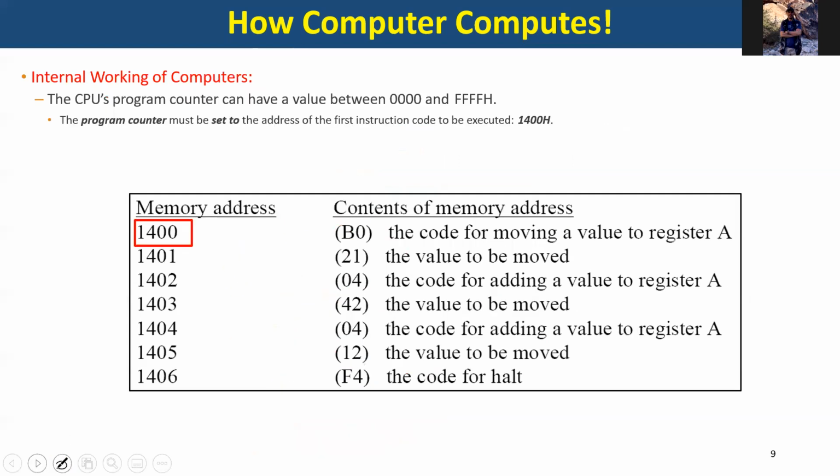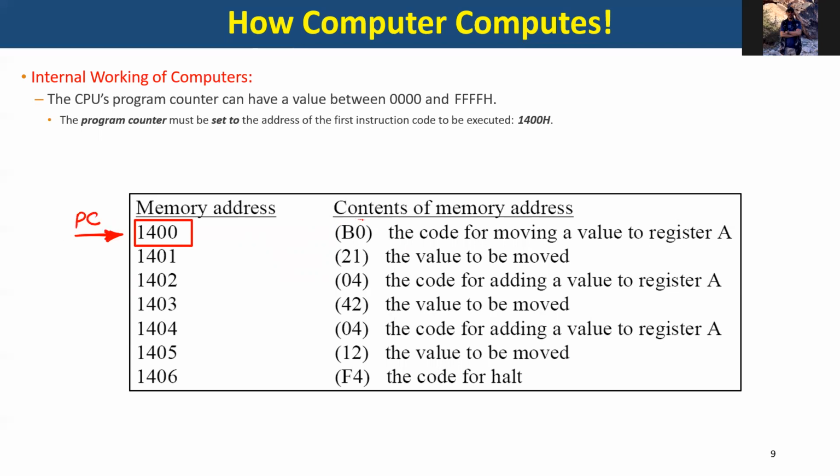That's very interesting. So basically, the first step is that we need to put the instruction pointer at the start of our program. So we should imagine that the instruction pointer is pointing to this location here, 1400 hexadecimal. When the computer fetches or grabs this instruction, it will grab it from the location pointed to by the program counter.